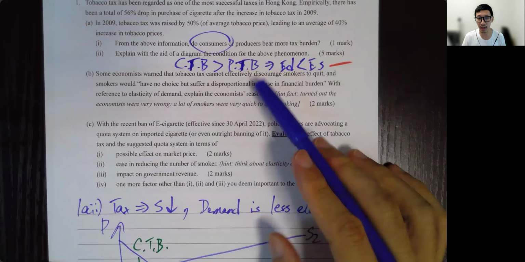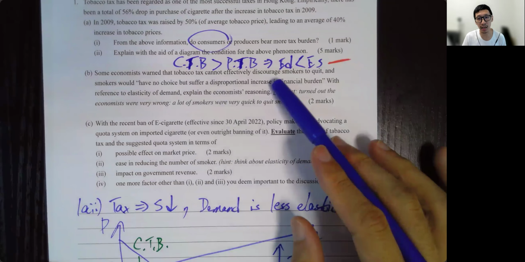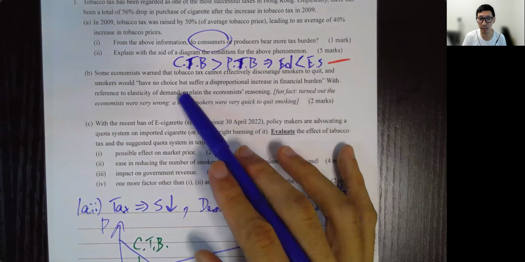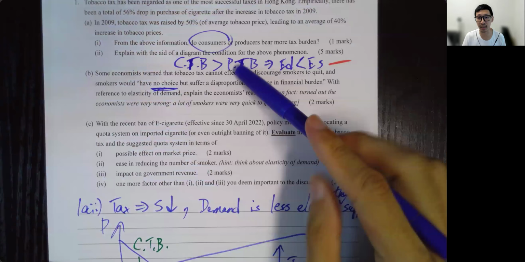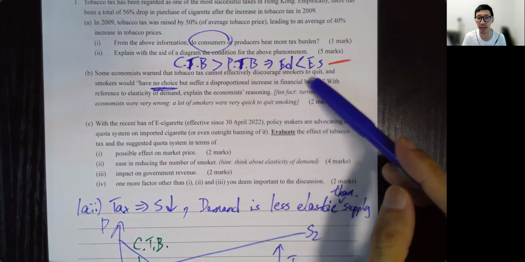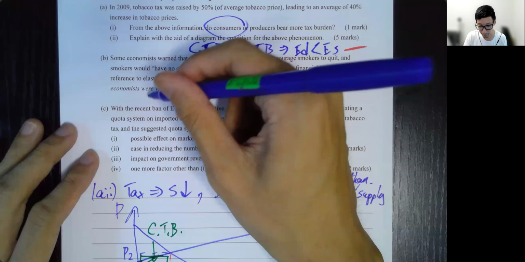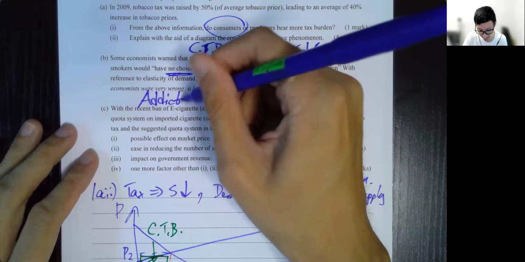Now, part B, very funny question, right? It found that many people warn that the tobacco tax cannot effectively discourage smokers to quit, okay? Because smokers will have no choice, but to suffer a disproportionate increase in financial burden, right? Why is it the case? Because it is addictive in nature.